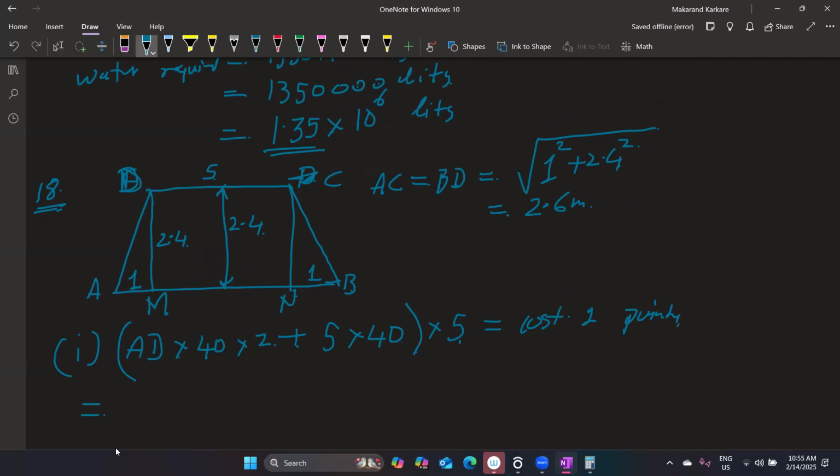So that's going to be 2.6 into 40 into 2 plus 200. So why is this the cost of painting? I didn't understand. So, okay, look inside the tunnel. Think of this as a tunnel. Which are the walls the tunnel has?